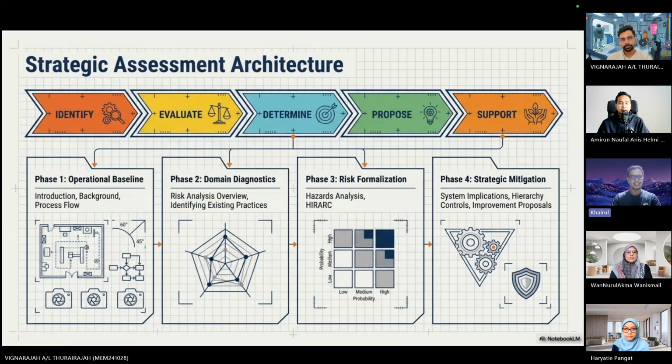We go to the risk analysis overview, identifying existing practice. And we move to phase 3. It's about risk formalization, which is hazard analysis and hierarchy. And the final stage is strategic mitigation, which is system implication, hierarchy control, and improvement proposal. Okay, next.